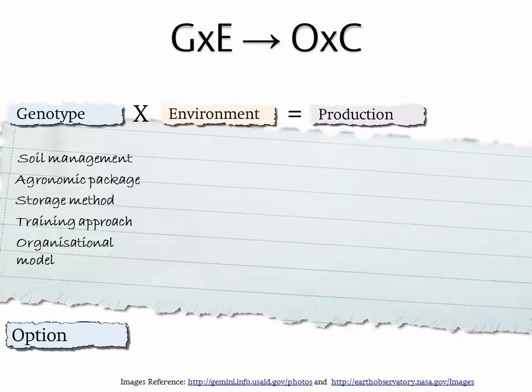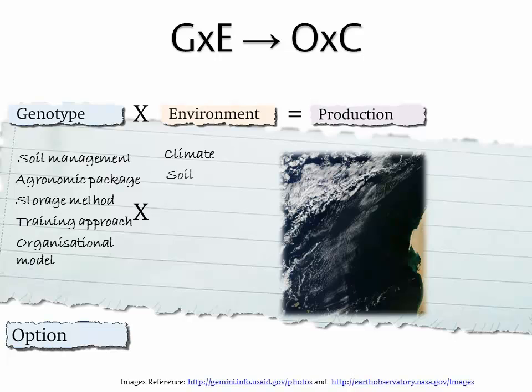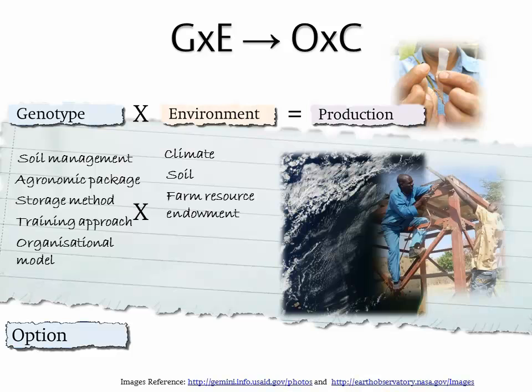When plant breeders talk about environment, they're typically meaning the climate and the soil. But again, there are many components of environment which are important. Studies recently have emphasized the importance of farm resource endowment as a variable that distinguishes or separates farmers into groups that have different objectives and different requirements, and they tend to value some of these options which are being offered in different ways.